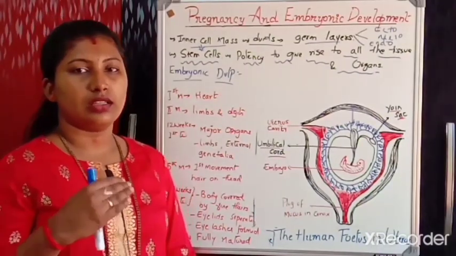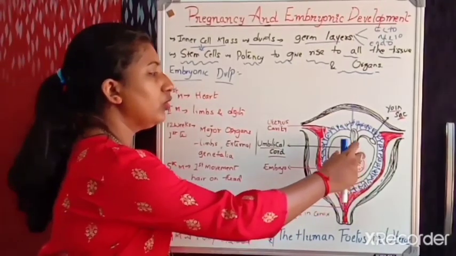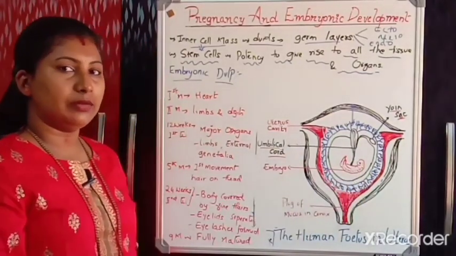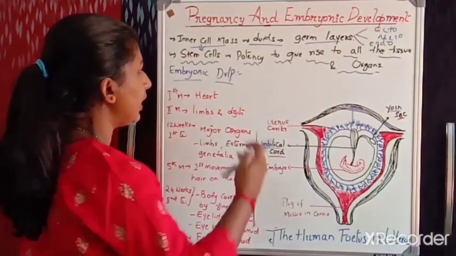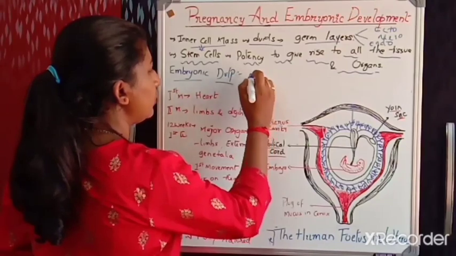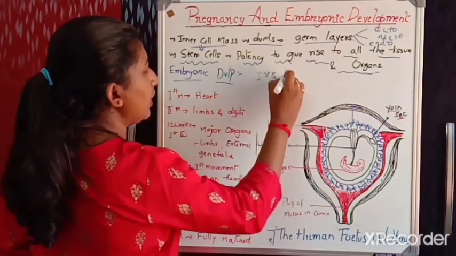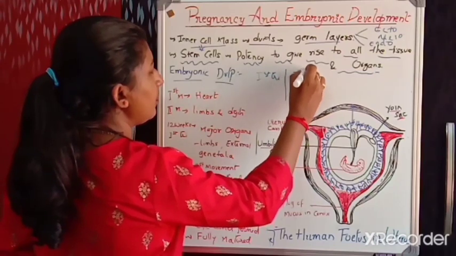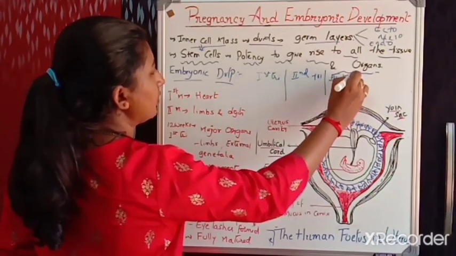So once the pregnancy period starts, the embryo has to grow in the uterus for 9 months, right? So this embryonic development is divided into 3 categories, that is first trimester, second trimester and third trimester.